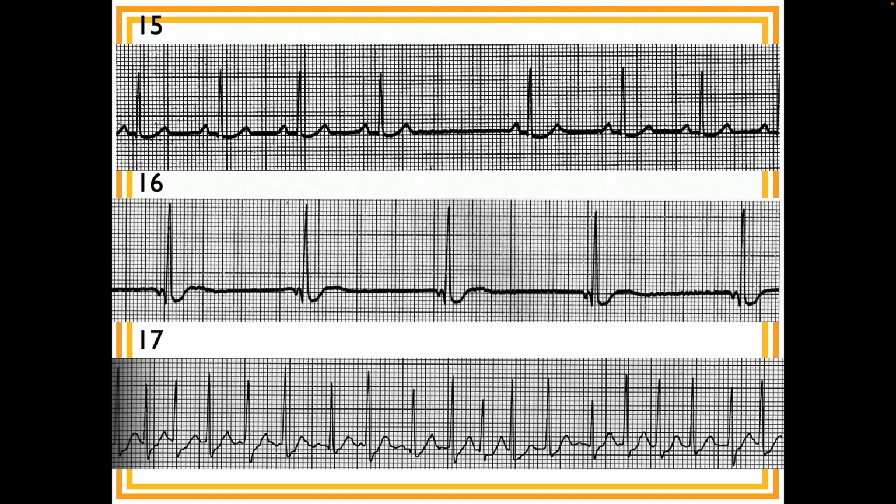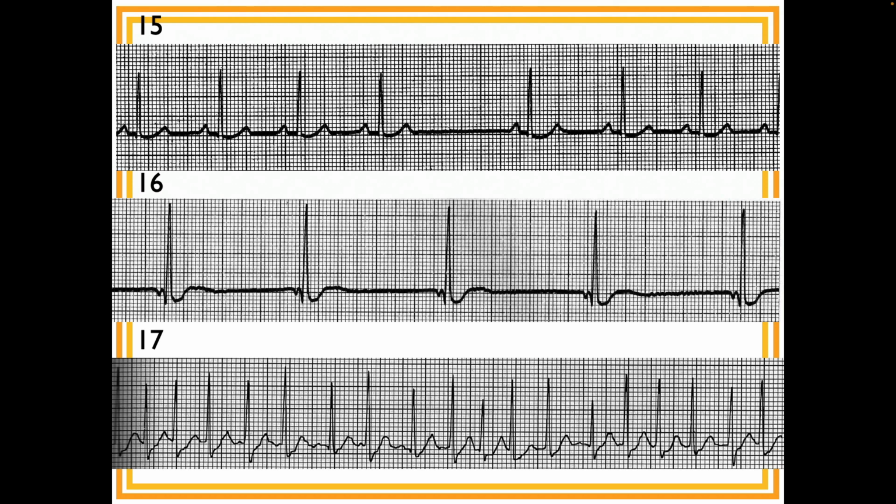This looks regularly irregular, with a rate of 75, 80, if I'm counting correctly. Yeah, you're good.